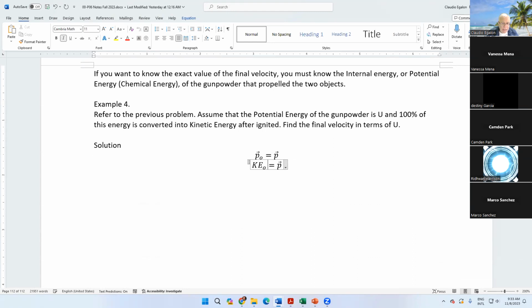Initial kinetic energy plus initial potential energy must be equal to the final kinetic energy plus the final potential energy.